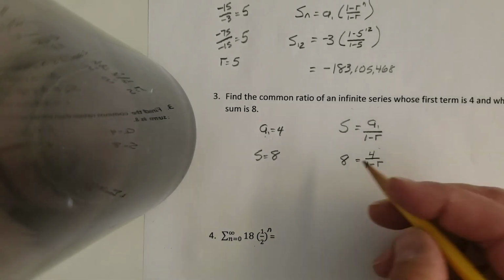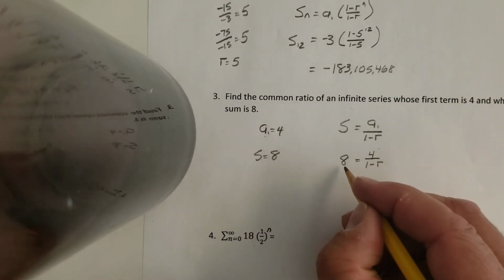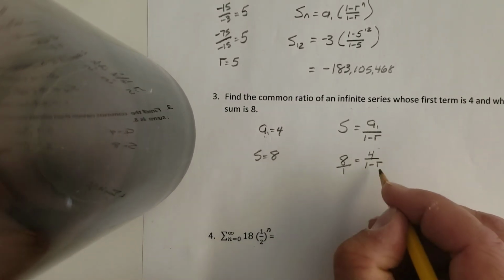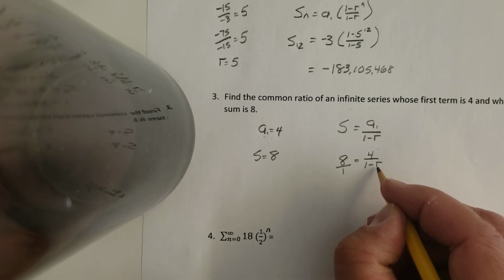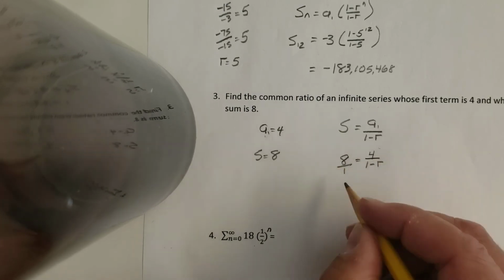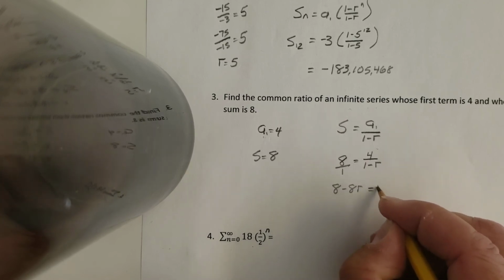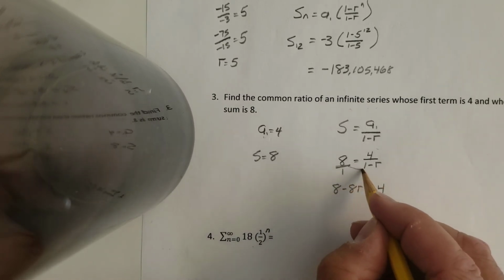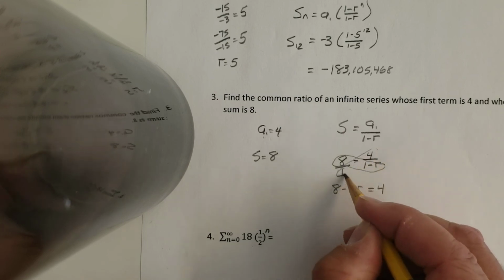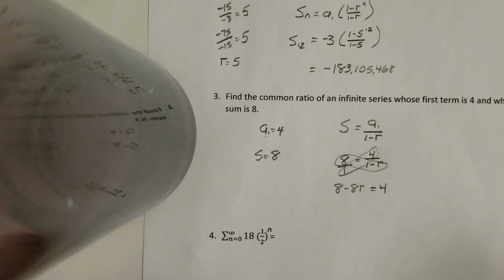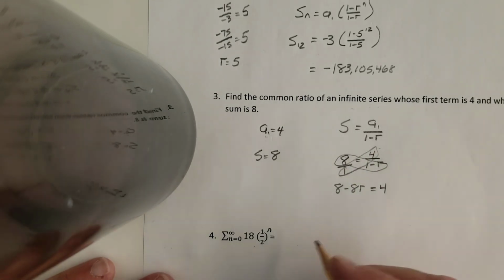Okay? Now, when I look at things like this, I make it easier. I turn everything into a fraction. You've got a variable and a denominator. All I'm going to do is cross multiply. 8 minus 8r equals 4. Okay, you guys have all done this to solve your proportions, the little helicopter propellers. There we are.